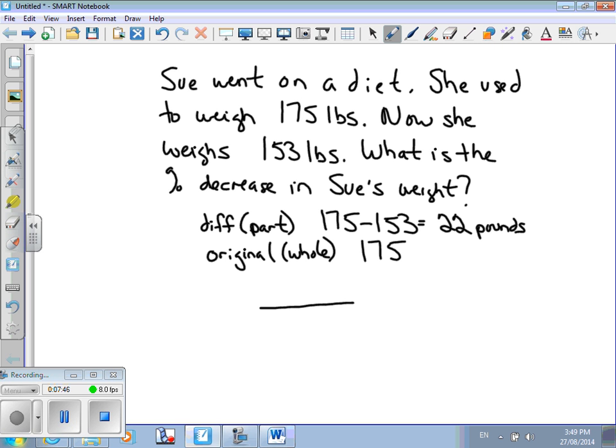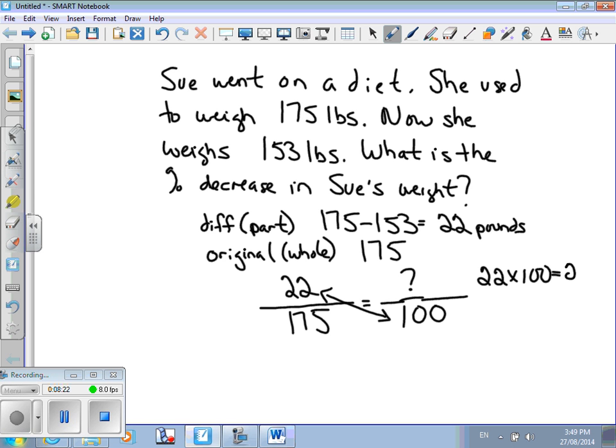Now we'll set up our fractions. The original 175 is our whole. The difference, 22, is our part. And the percent is what we're looking for. So we're ready to solve. 22 times 100.